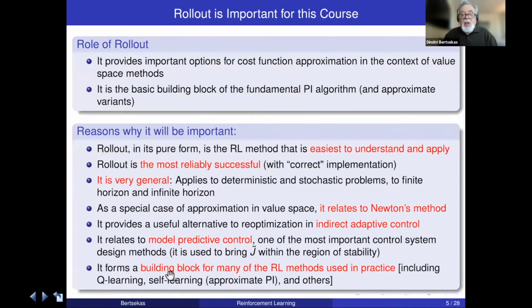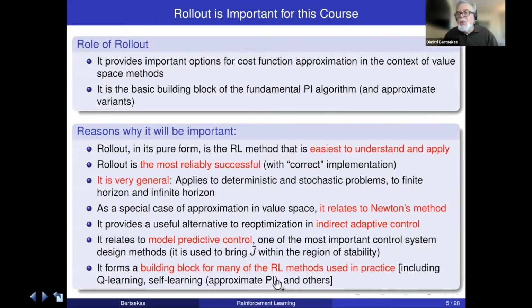Finally, rollout is a building block, a piece in many other reinforcement learning methods that are used in practice. Q-learning may involve using a policy to generate samples and also estimate cost functions at one point or another.